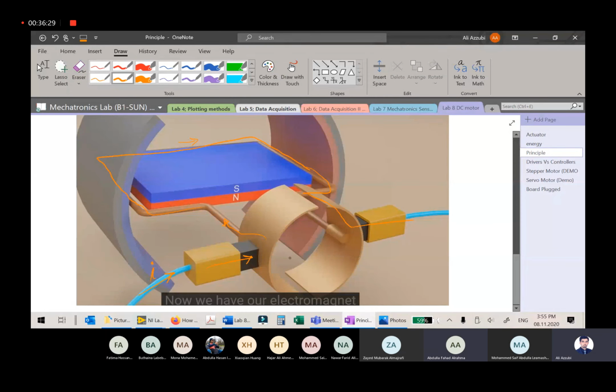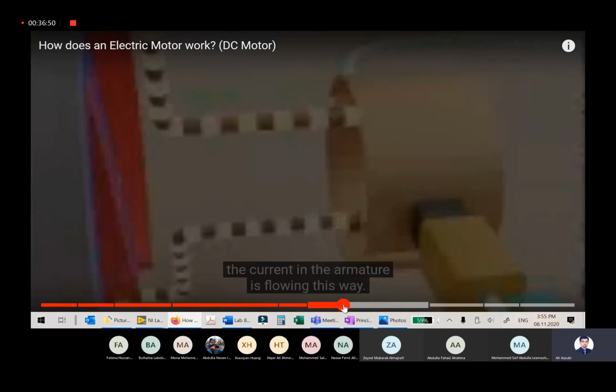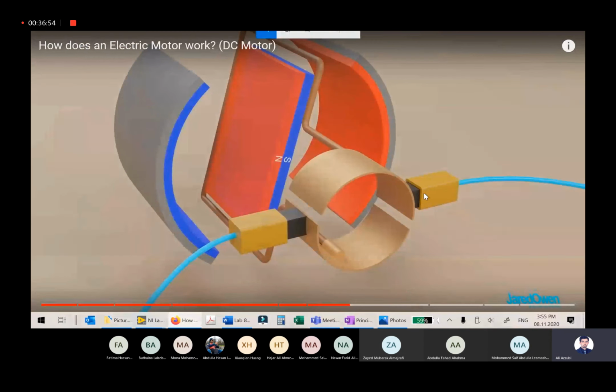Now, imagine this is positive and maybe this is negative. When this rotates, what's going to happen? This here will move up to a location. Let me see if I can get that from the video. Let's take this one here.